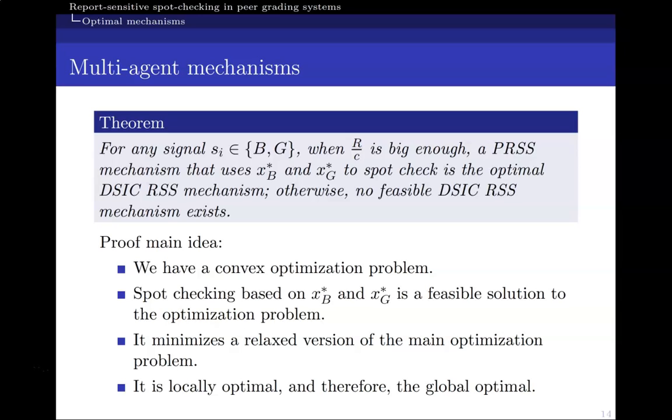This relaxed version is derived by removing almost half of the constraints. Finally, we argue that because we have a local optimal of the original optimization problem, therefore because of convexity, we have the global optimal.